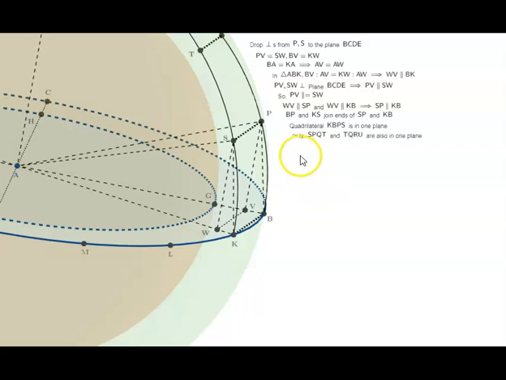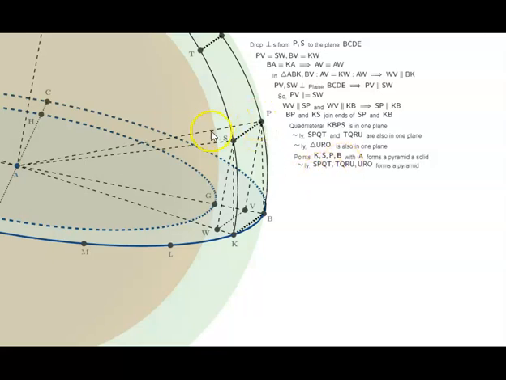Similarly, we can show for SPQT, and similarly TQRU are also in one plane. And we know a triangle is always in a plane. So it is also in one plane. Points KSPB with A forms a pyramid, a solid.